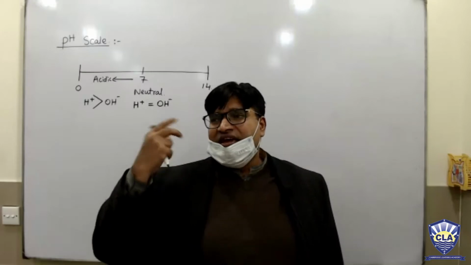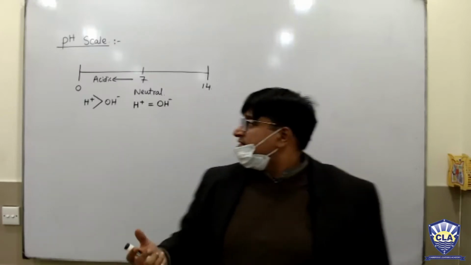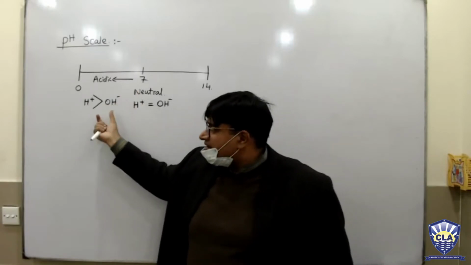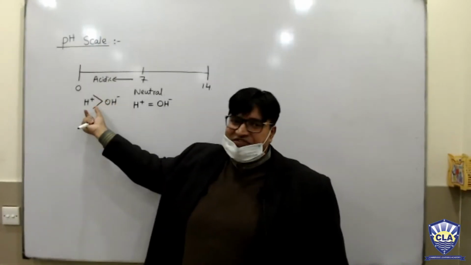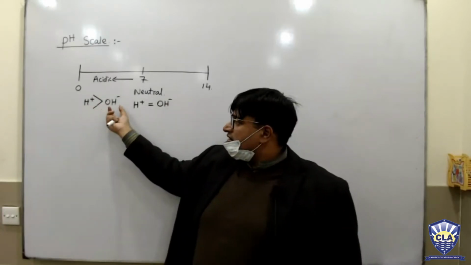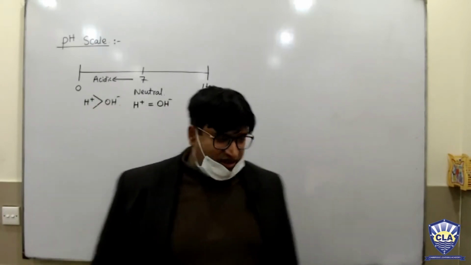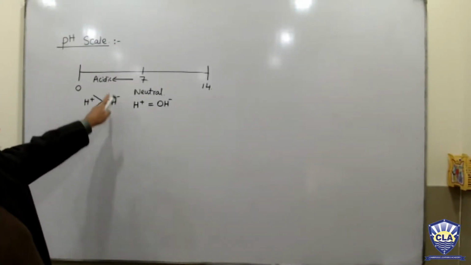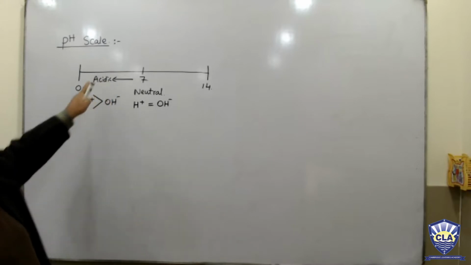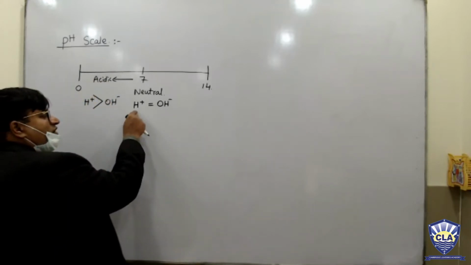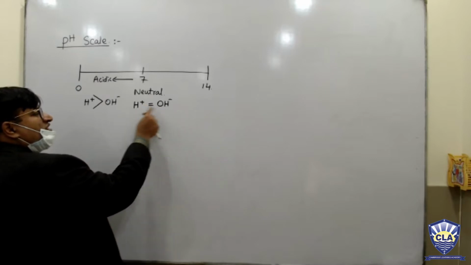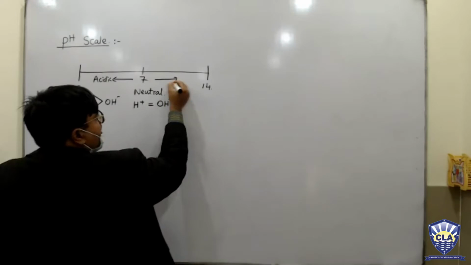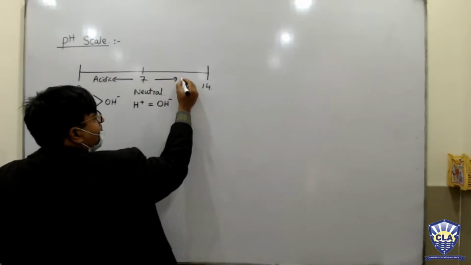Acids do contain OH negative ions, but the concentration of H positive ions is greater than the OH negative ions. So if the concentration of H positive becomes greater than OH negative, the solution becomes acidic. If the H positive and OH negative concentrations are the same, the solution is neutral. If you move above pH 7, it becomes basic.